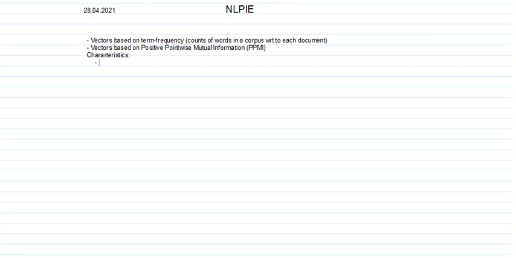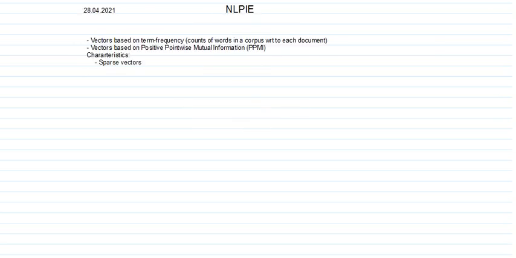These vectors are sparse vectors, that is, the matrix generated is a sparse matrix of words. These are also very long, large size vectors.